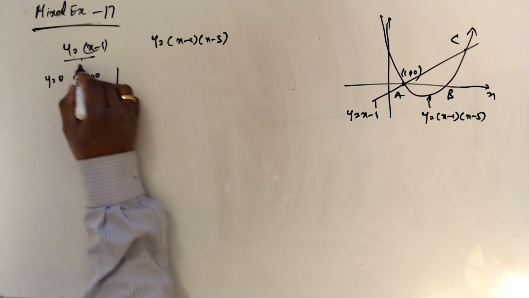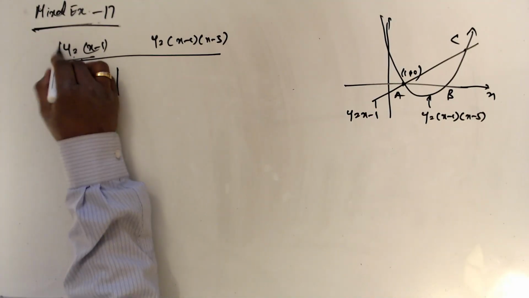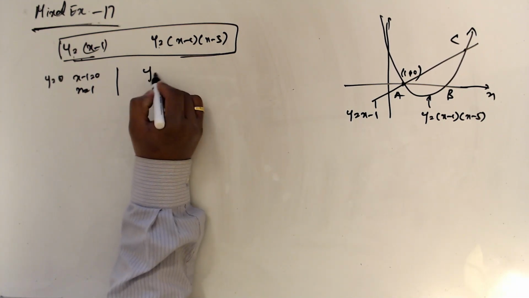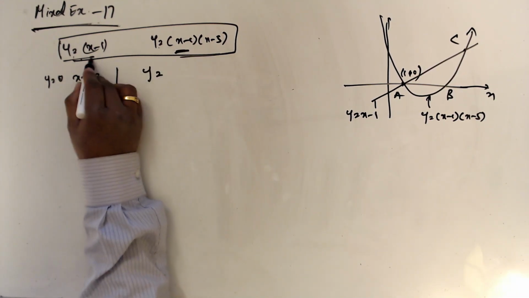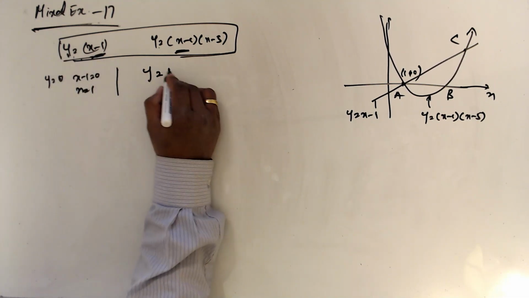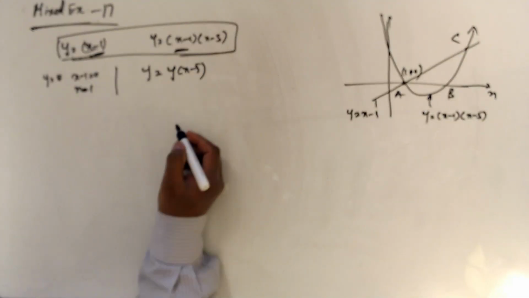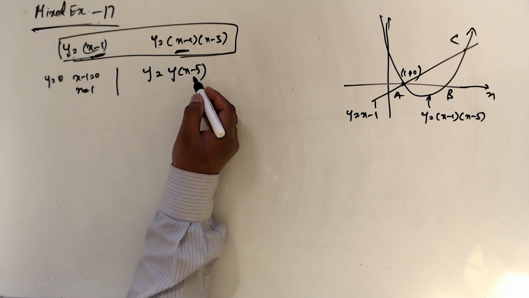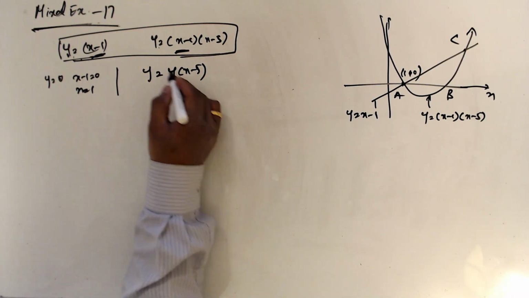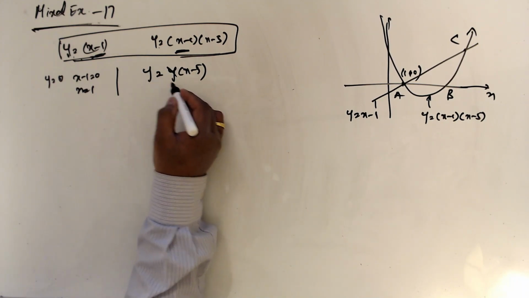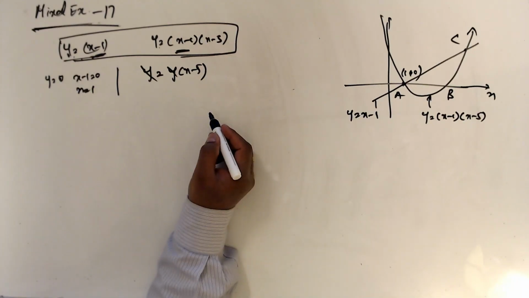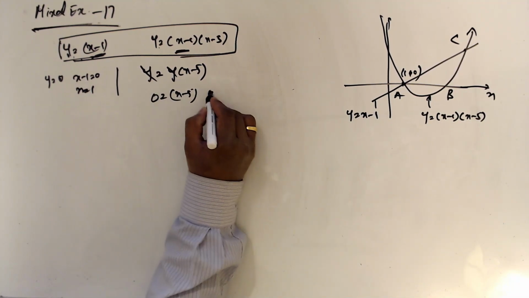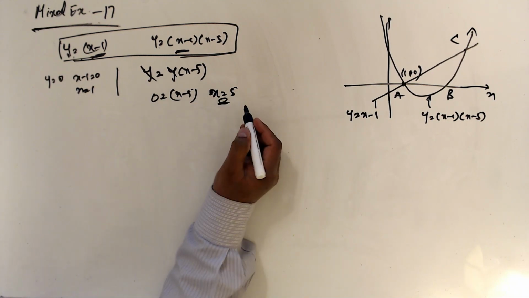Now, I am going to solve these two simultaneously. Now, this is y equal x minus 1, and the other is y equal y times x minus 5. So y cancels out. So x minus 5 equals 0 and x equal 5.